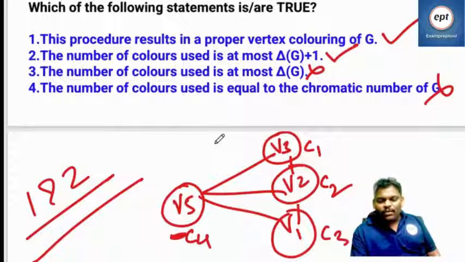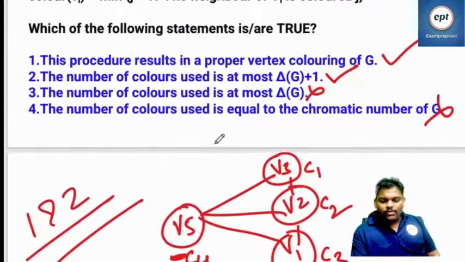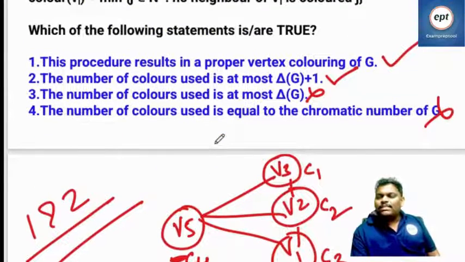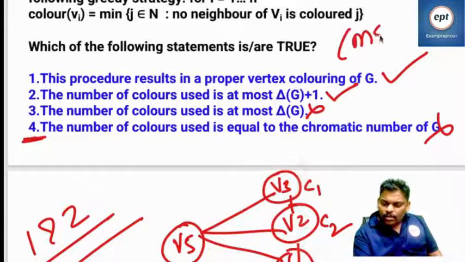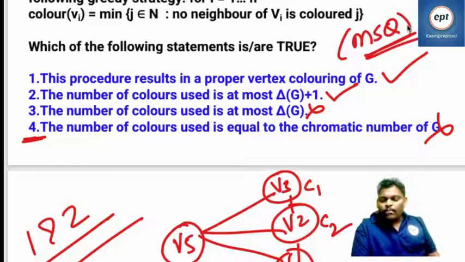Right. Which of the following statements are true? Answer is 1, 2. So listen everyone now. Last year this question came. So many people took 4 also as true. It is an MSQ.